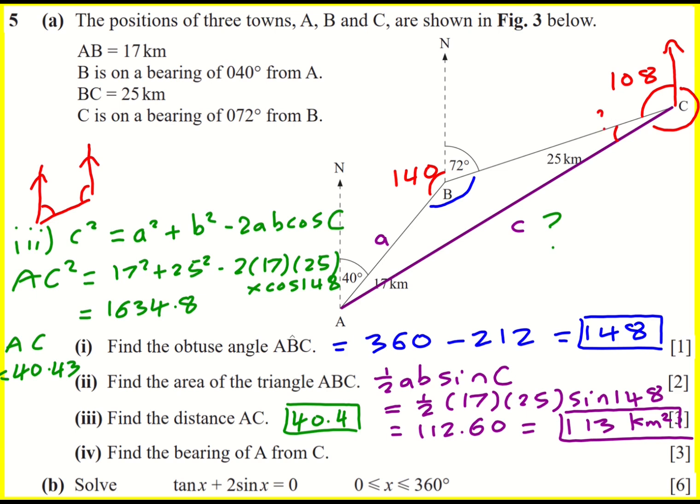I can use the sine rule for this, so let me call this x, then sine x over its opposite side, which is 17, is going to equal sine 148 divided by its opposite side, which we just worked out, 40.43.